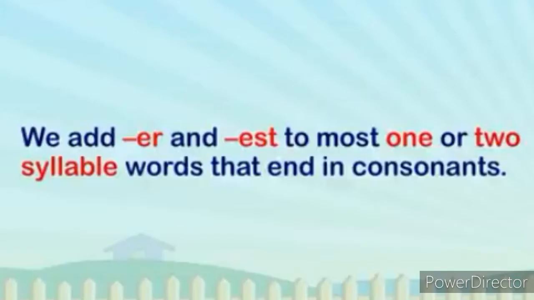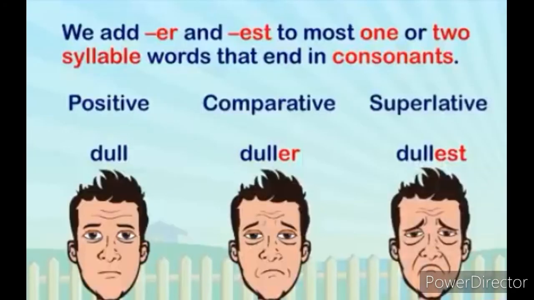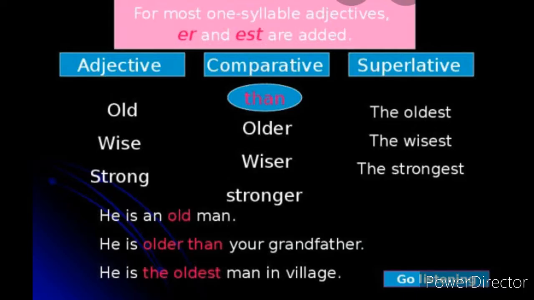We add ER and EST to most one or two syllable words that end in consonants. For example, dull, duller, dullest. Let's see some more examples.